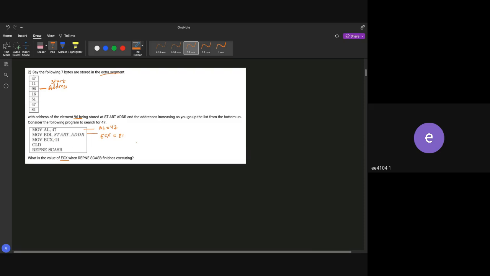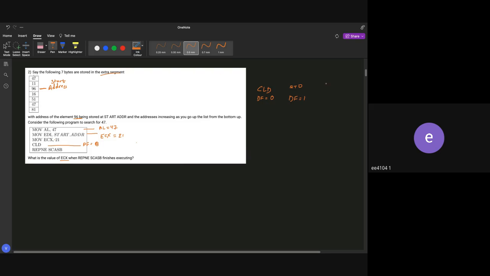Now here we have to be careful about this STD. Here the direction flag is equal to 0 because we are clearing it, right? CLD means direction flag is equal to 0 and STD means direction flag is equal to 1.